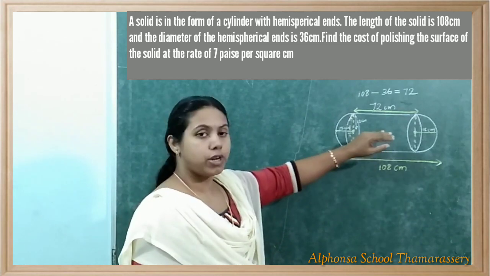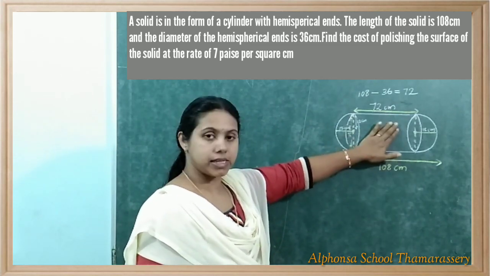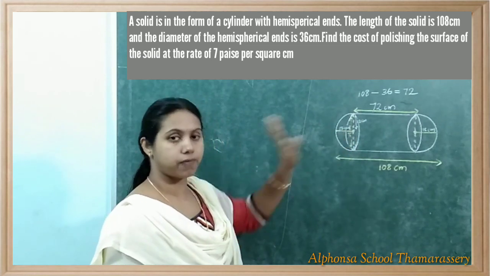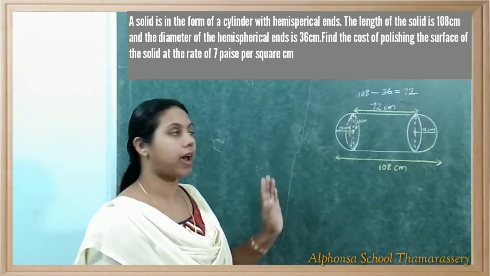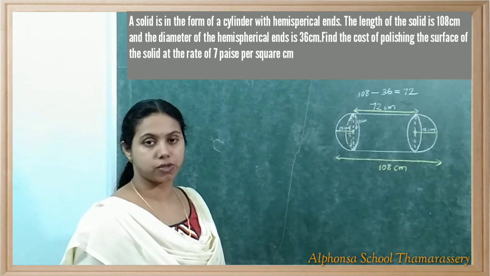So now we know the radius and height of the cylinder, and in the same way we know the radius of the hemisphere. So we are able to find the curved surface area of these two shapes.